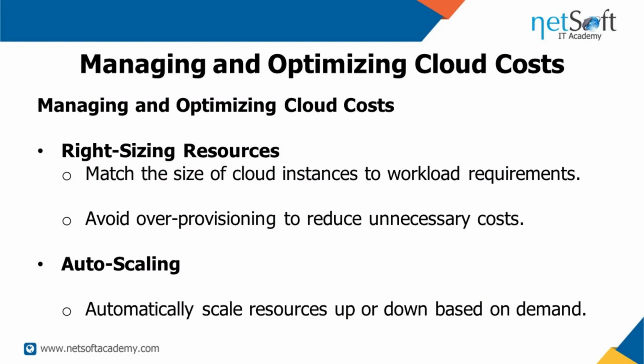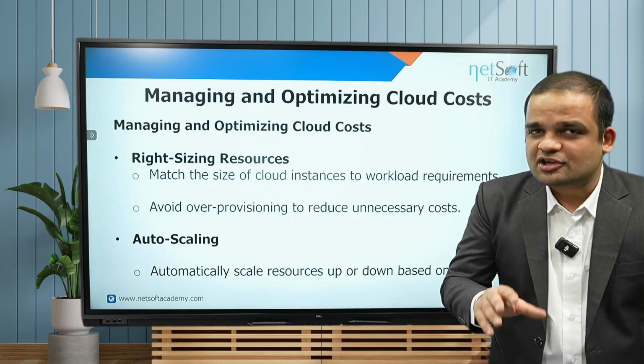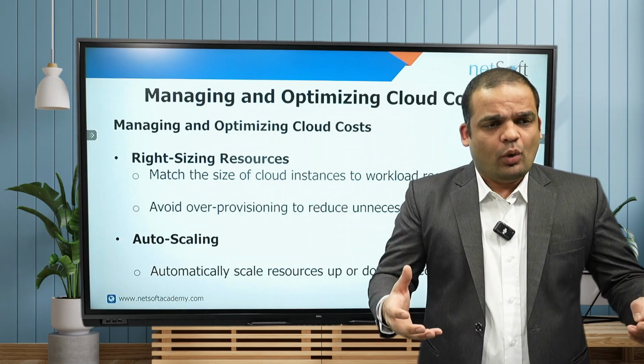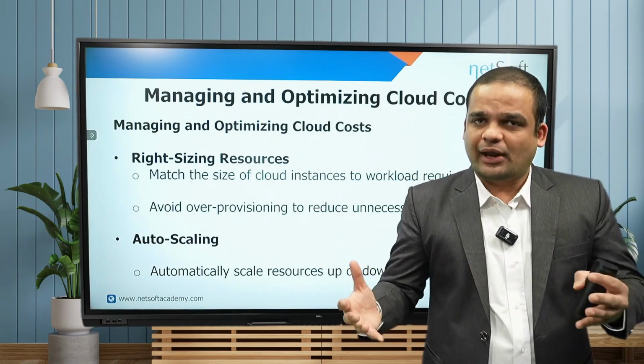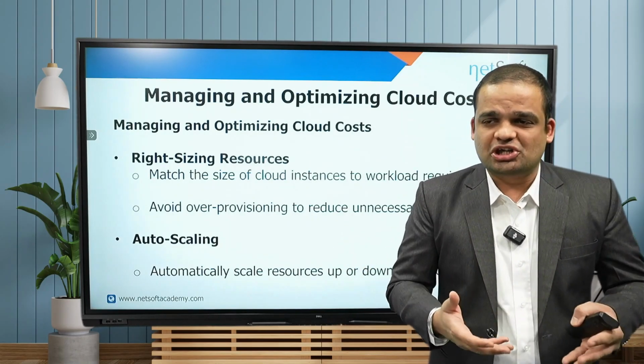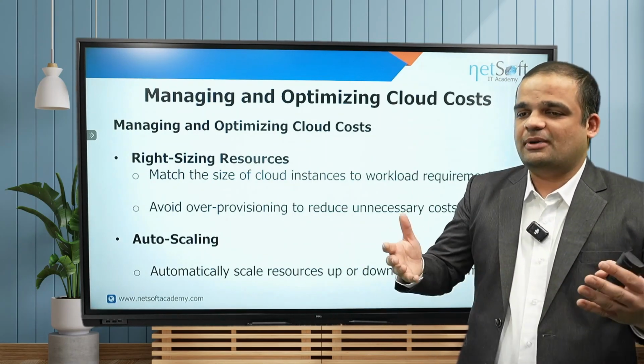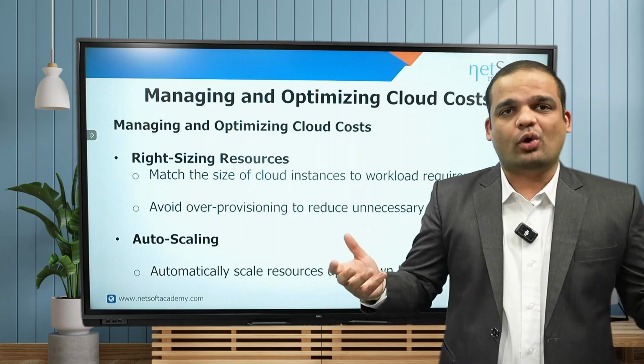Right sizing means matching the size of your cloud instances to your actual workload requirements. For example, running a large virtual machine for a small application leads to unnecessary cost. Large virtual machine means a machine with a lot of resources allocated. Imagine a machine with 32 GB of RAM and 20 cores.